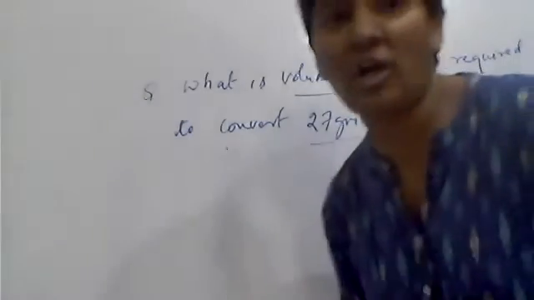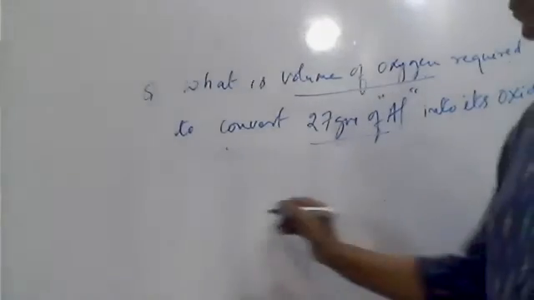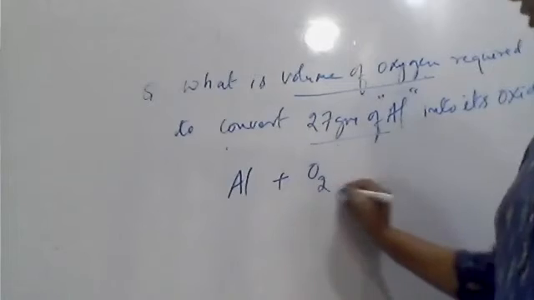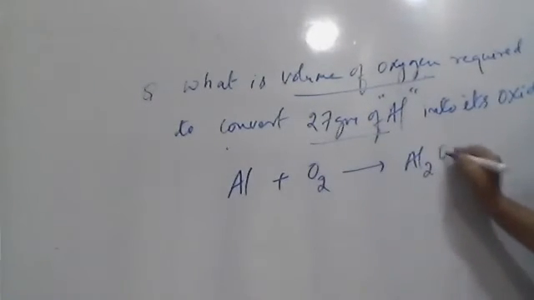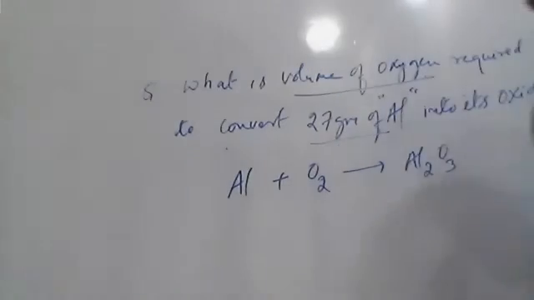So you should know the oxide formula of aluminium. What is that, beta? So for this reaction, aluminium plus O2 gives rise to the oxide, which is what? Al2O3, because aluminium 3 plus, on crisscross. Very good. Al2O3. So now balance it.